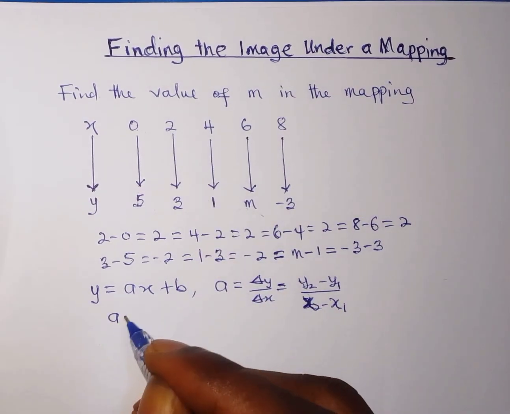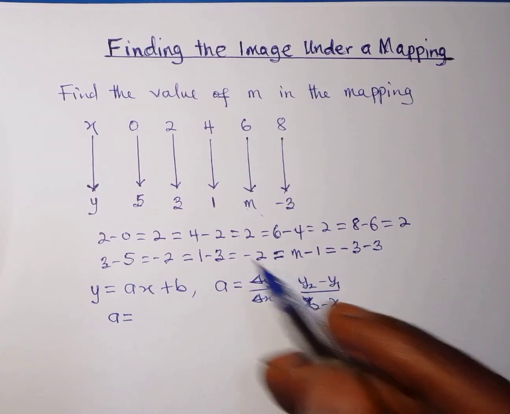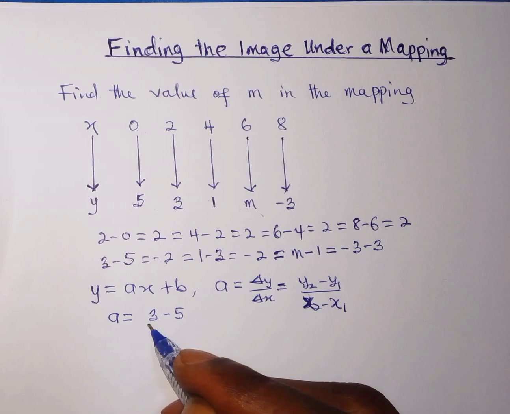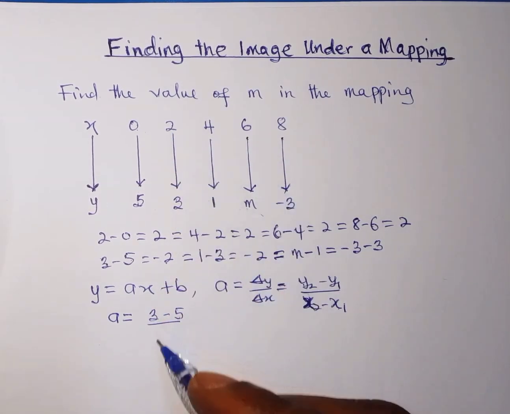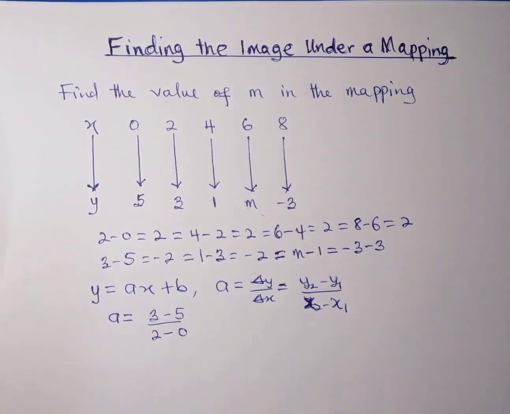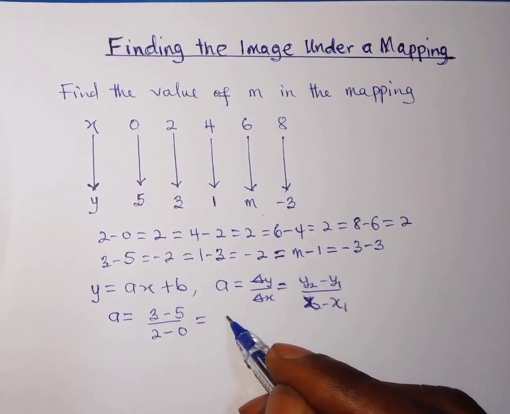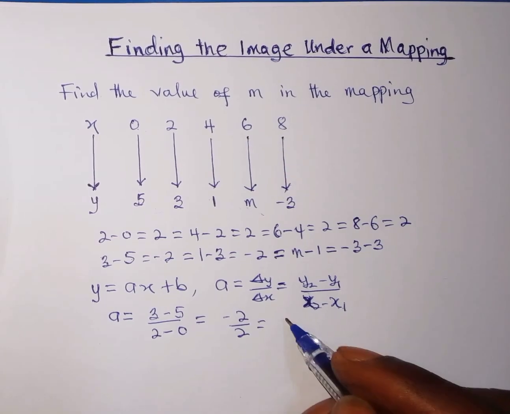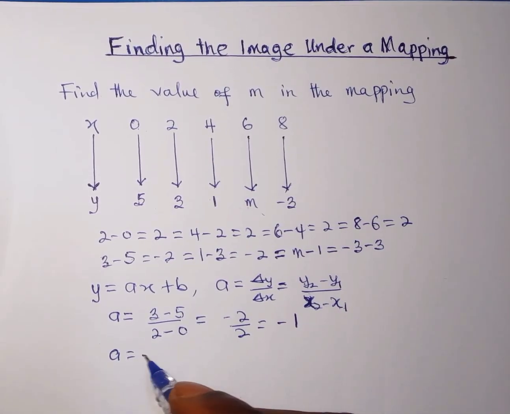So my a is 3 minus 5 over 2 minus 0, which gives negative 2 divided by 2, and the answer is negative 1. So my a is negative 1.